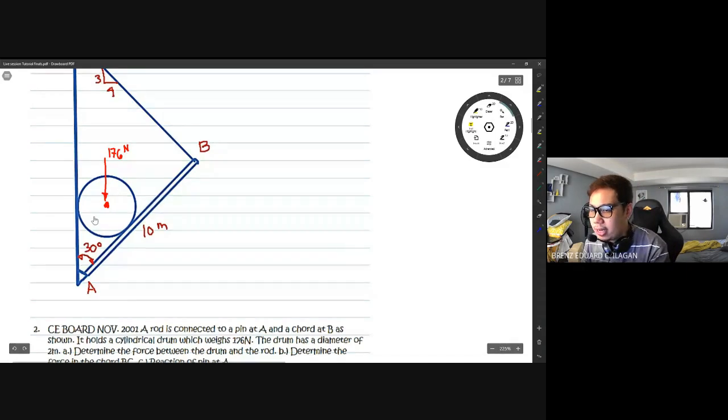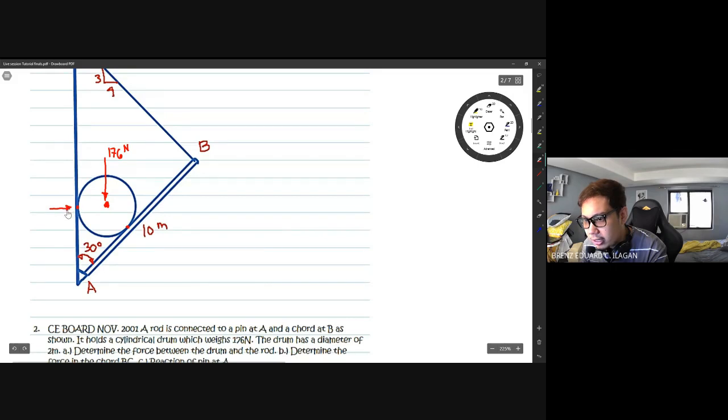Okay, next, pangalan na natin to as point. Ayan. So, ito yung contact pressure between the wall and dito, which is perpendicular lang. Ayan. So, meron kasi dyan mga force.